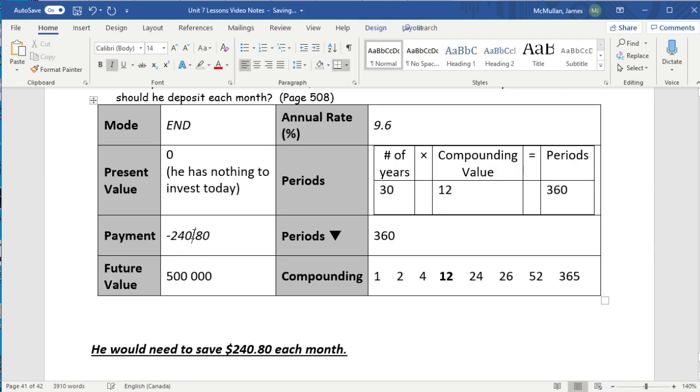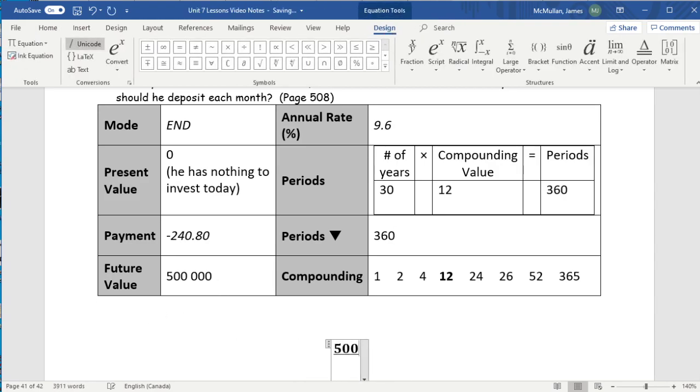Again, ask someone on the street, ask anyone you know: at 10% interest in 30 years, if I invested every month, how much would I need to put in each month in order to get $500,000? If they're even thinking this much, 500,000 divided by 360 periods, right?